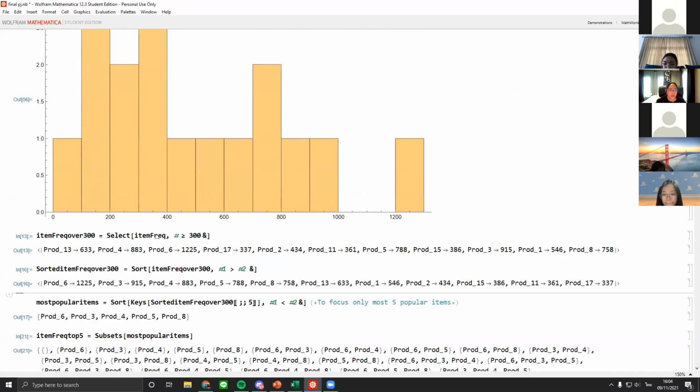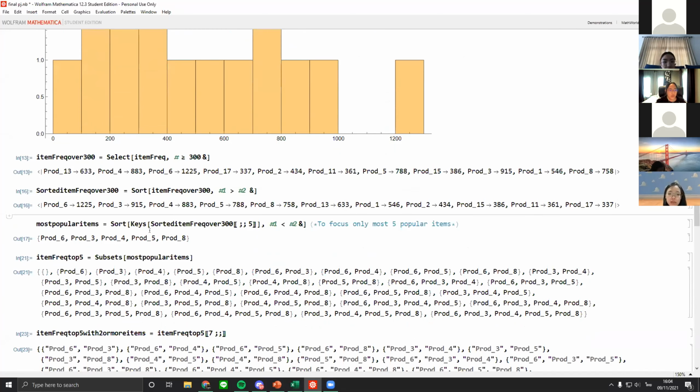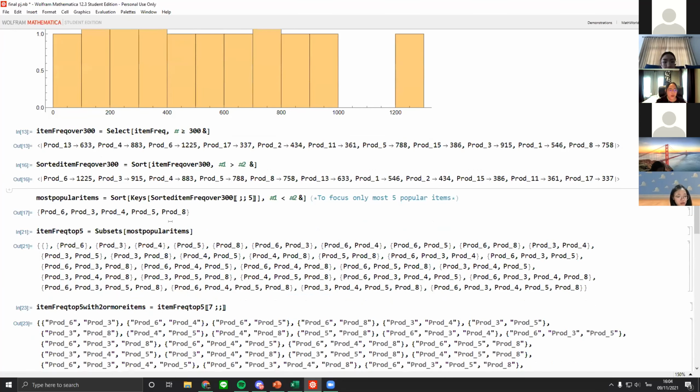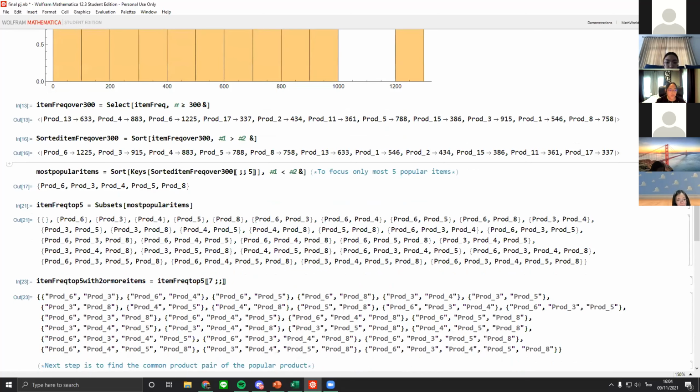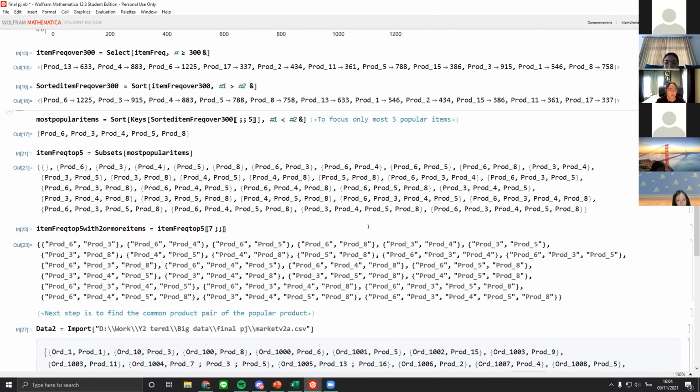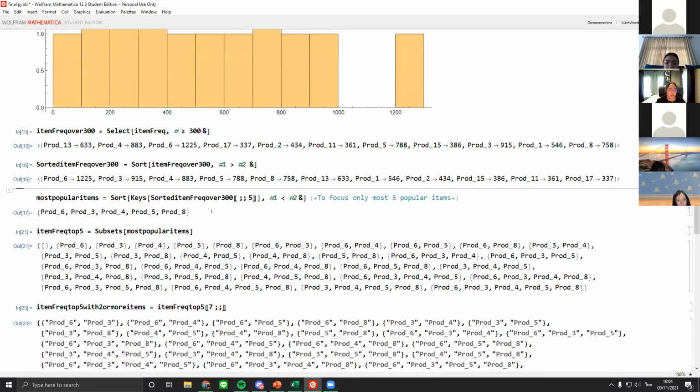Then I select only items that have frequency over 300, and sort them to see the 5 most popular items in that store. I haven't done it yet, but next I need to do the basket analysis.